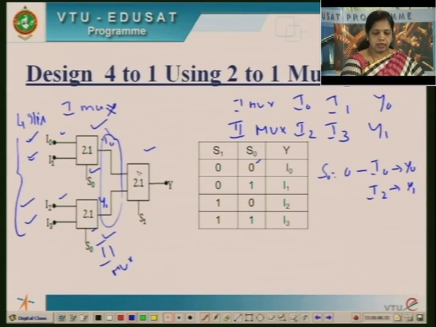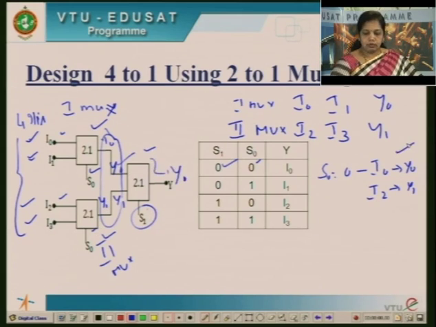So now once again I am going to select out of these 2 outputs a single output by once again taking care of S1. So in this case my S1 is 0. When S1 is 0, then y0 is selected at the output side. So S0, S1, 0, 0, y0 is selected.